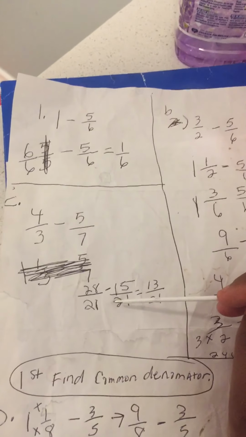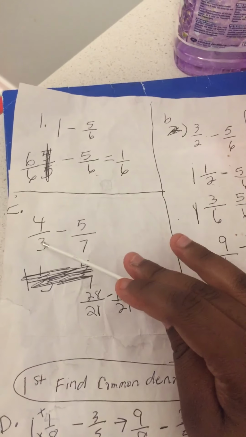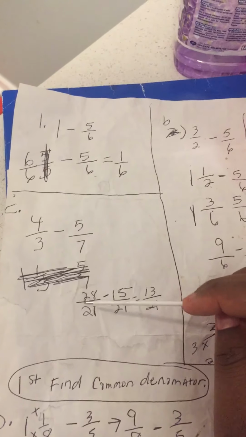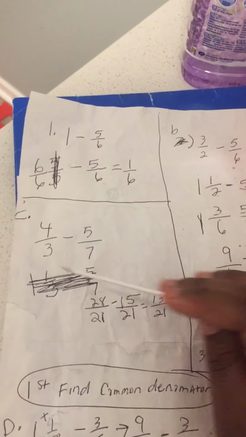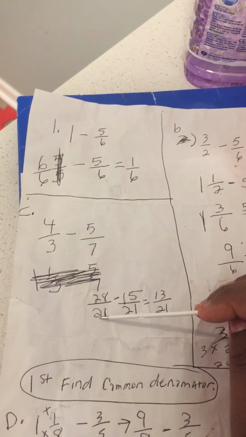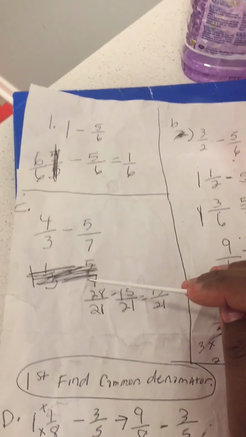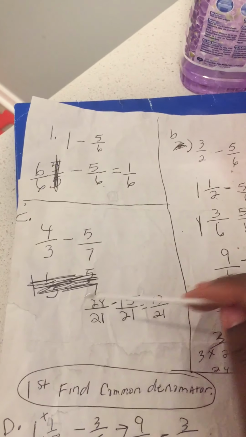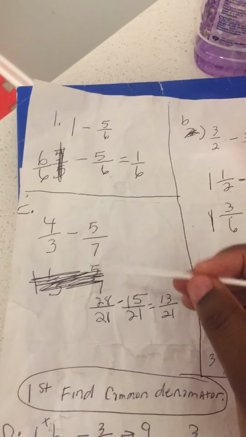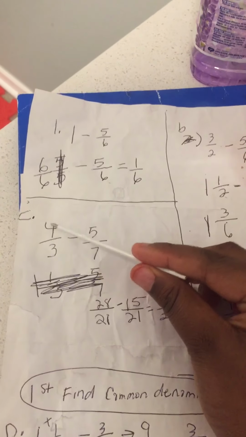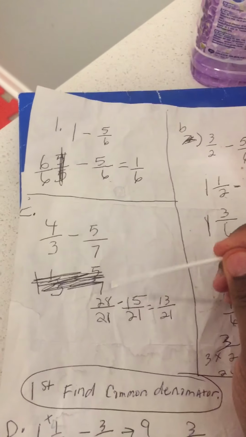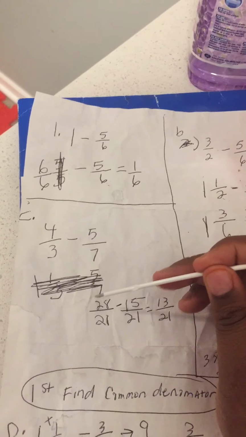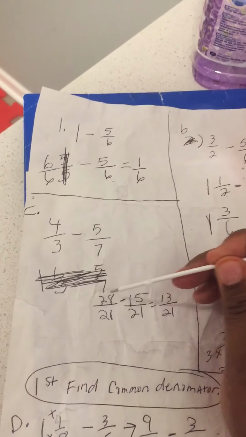And so what we have to do now is look at these two and say, how many 3s go into 21? 7. So we would do 7 times 4. We got to do something with this number to change it down here. So 7 times 4 is 28.